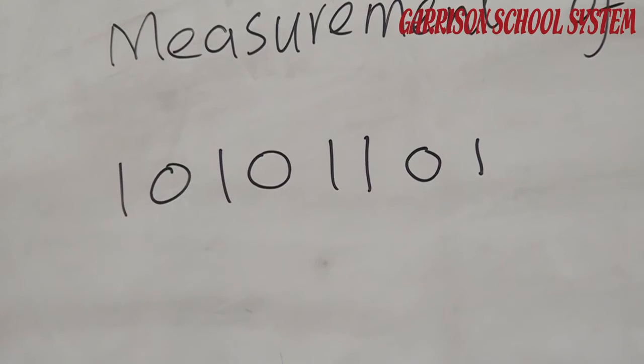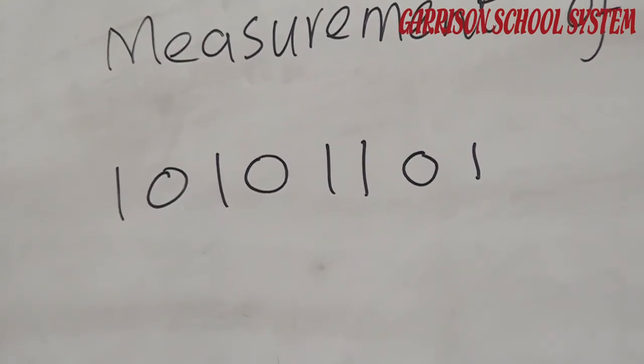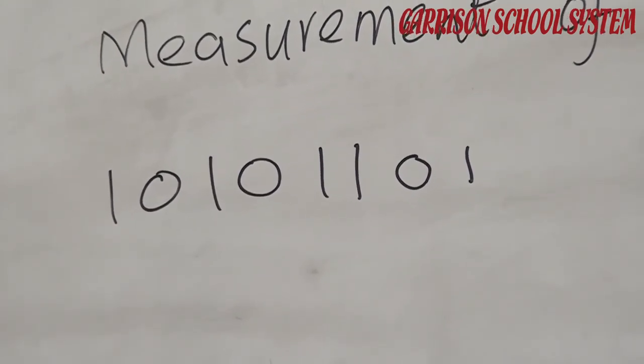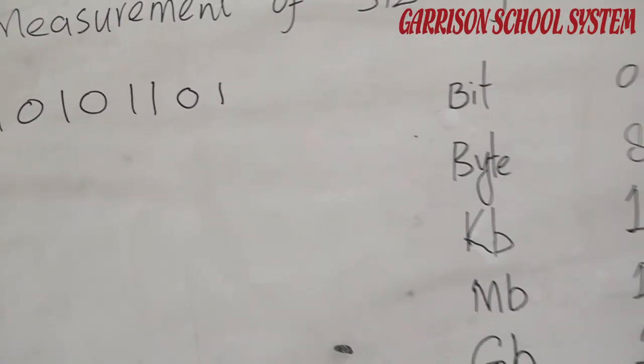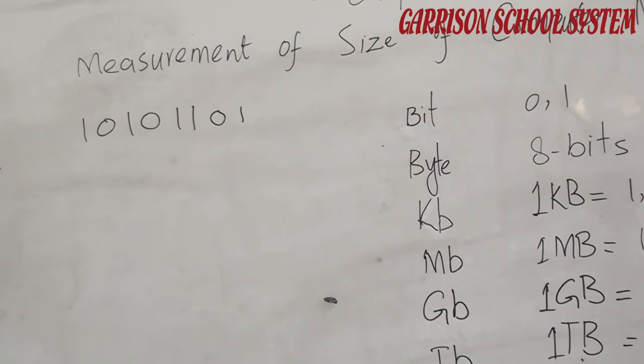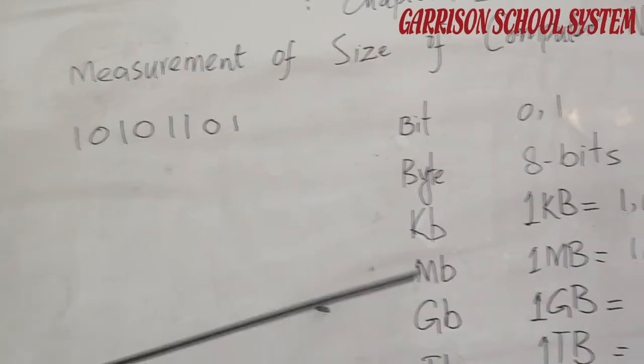At least 1 byte is required to store a piece of information in computer storage. On both primary and secondary storage devices, data is stored in the form of bytes.